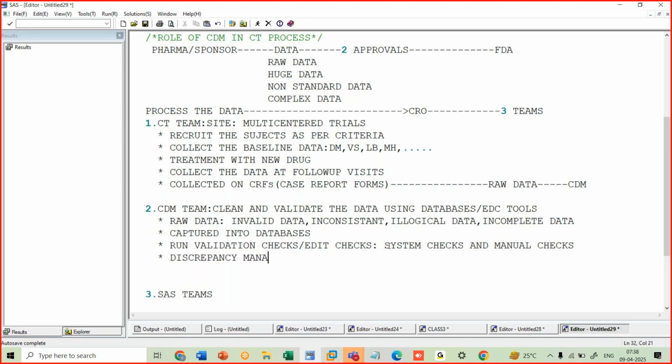So we have discrepancy management. We'll identify the discrepancy, we'll locate the discrepancy, and we resolve the discrepancy.